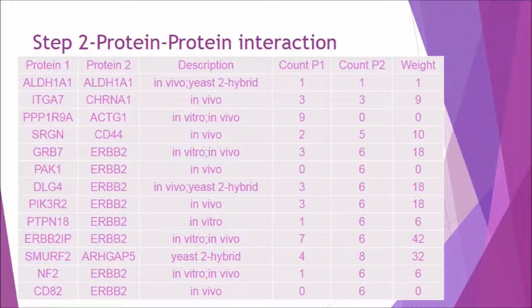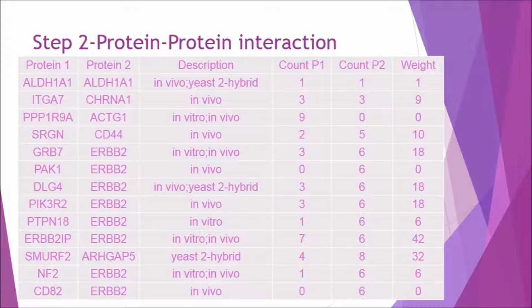So I downloaded a protein interaction file from an online database, and this is a portion of that file, as you can see here. So in the first row we have protein 1, and the second one we have protein 2. So this means that protein 1 interacts with protein 2, and then it even tells you what type of study actually proves this interaction, as you can see here at description row.